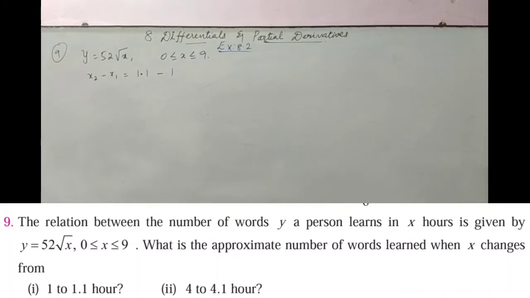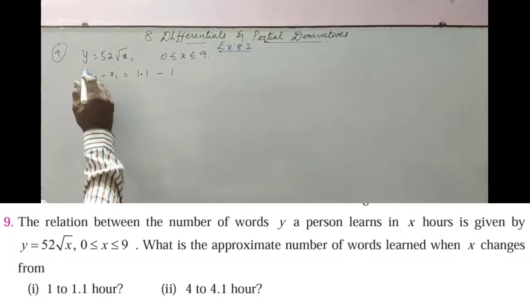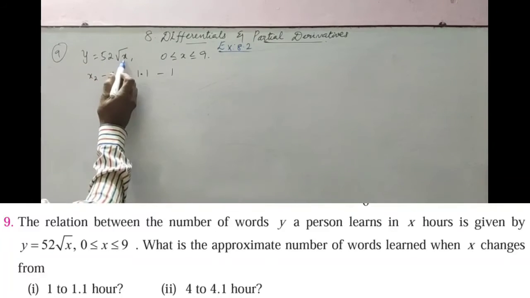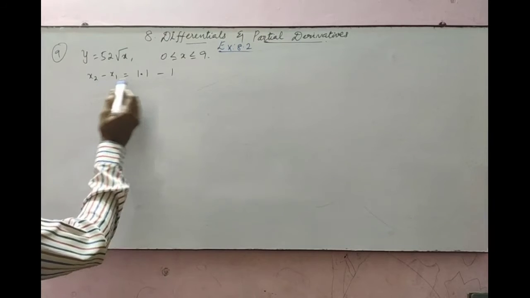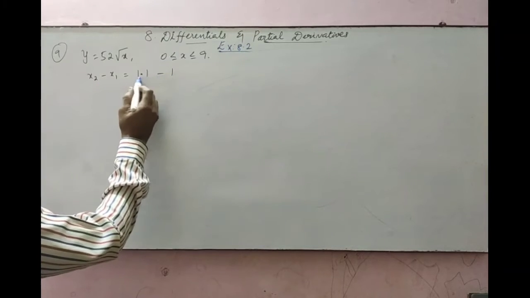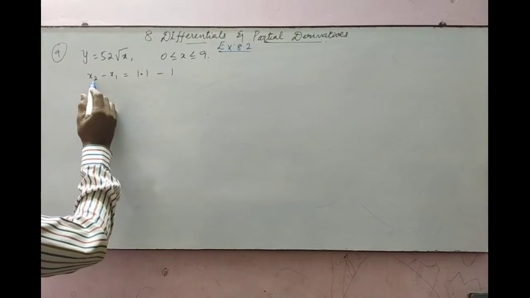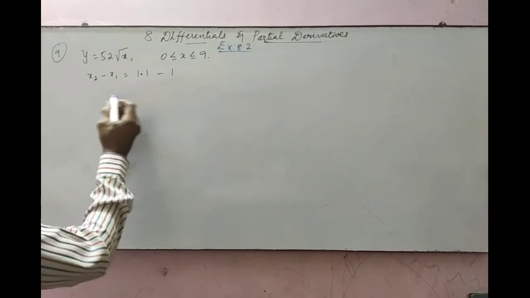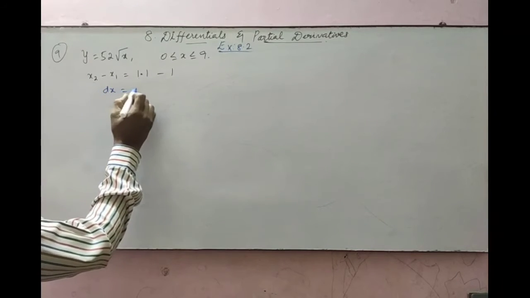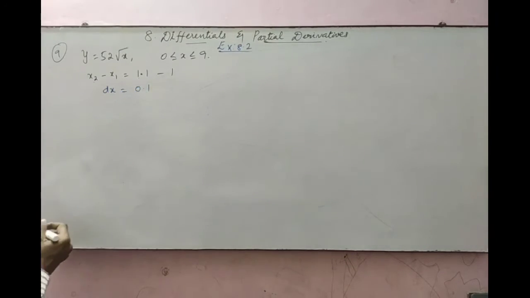The relation between the person and the words learned is given as y equal to 52 root x. Here 1 hour to 1.1 hour is given. So x2 minus x1 is 1.1 minus 1, which gives dx is equal to 0.1.